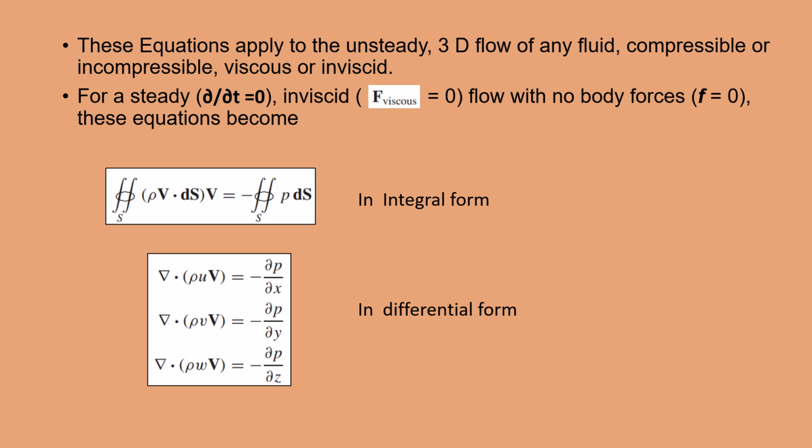If there are no body forces like gravity, then f equal to 0 too. So with all these conditions, the momentum equation becomes surface integral rho v dot dS into v equal to minus surface integral p dS in integral form, and del dot rho uv equal to minus ∂p/∂x in differential form.